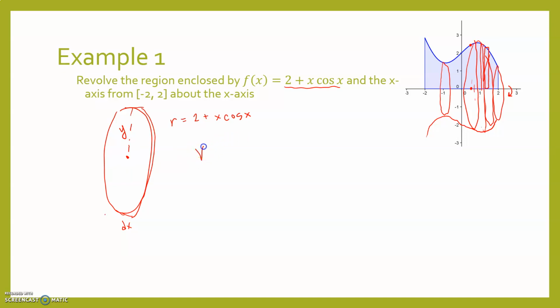So the volume of just one of these, because it's a cylinder, would be pi r squared times the height. And now if I want to use the magical adding tool to add up all of these infinitely many, infinitely skinny disks, I'm going to take an integral from -2 to 2 of this volume.